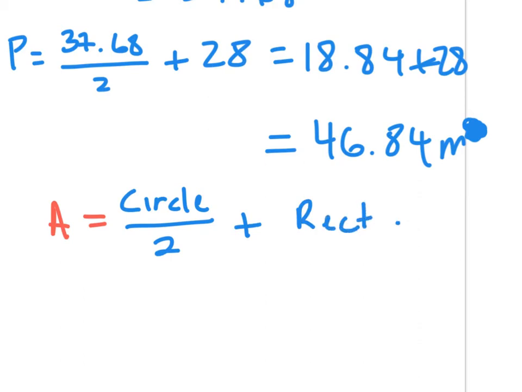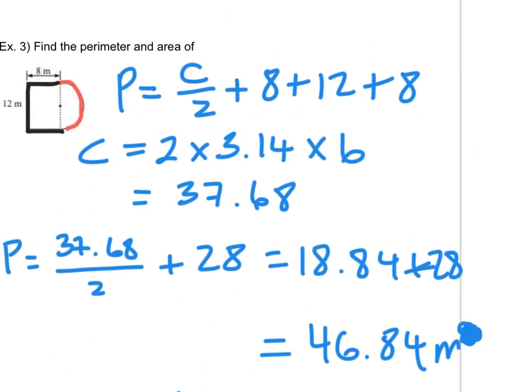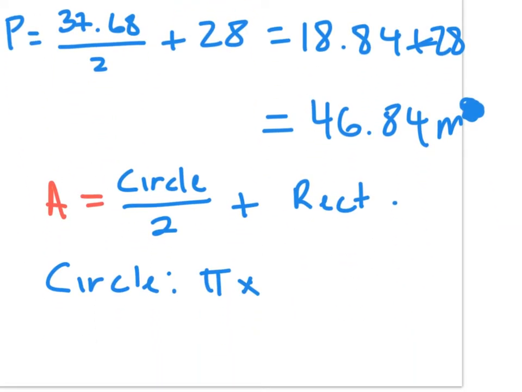Now let's look at the circle. It's pi times the radius, 6, times 6, which is going to be equal to 113.04.